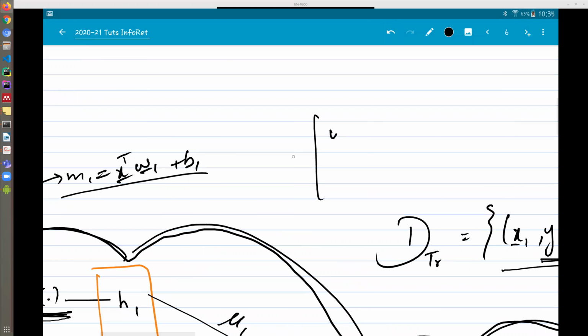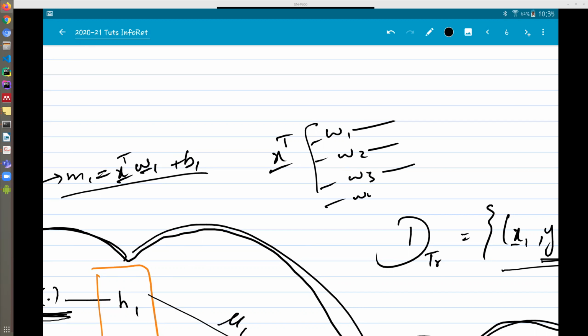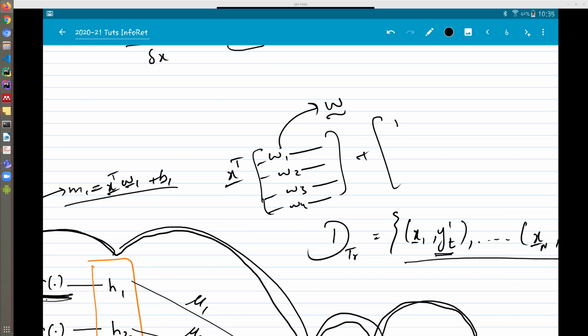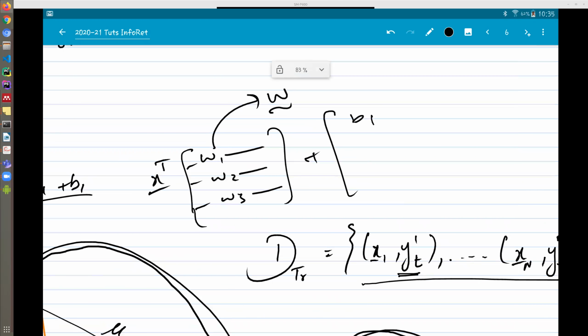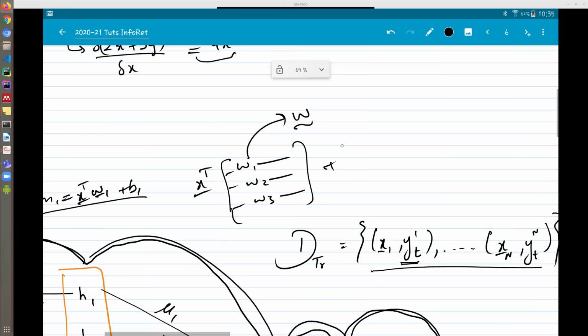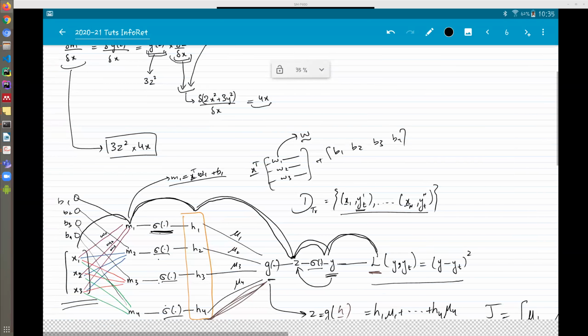By stacking them up, we get X transpose W1, W2, W3, W4, and now we get this matrix notation which we call W, and then we have this B vector with us: B1, B2, B3, B4. This is how we get this matrix notation.